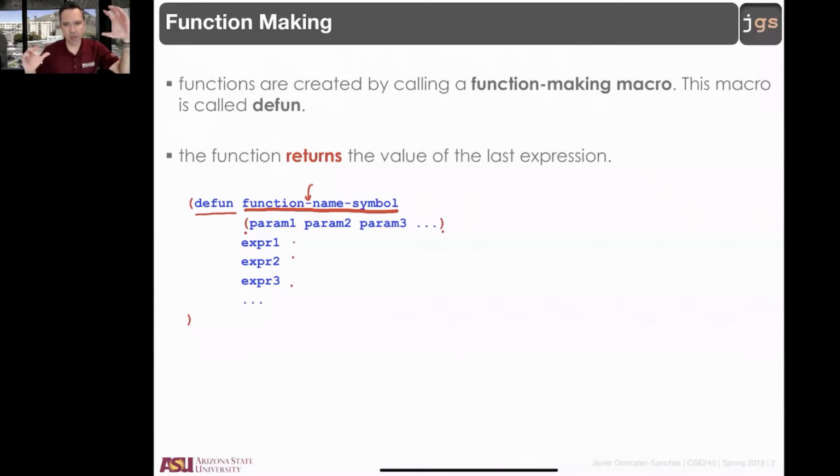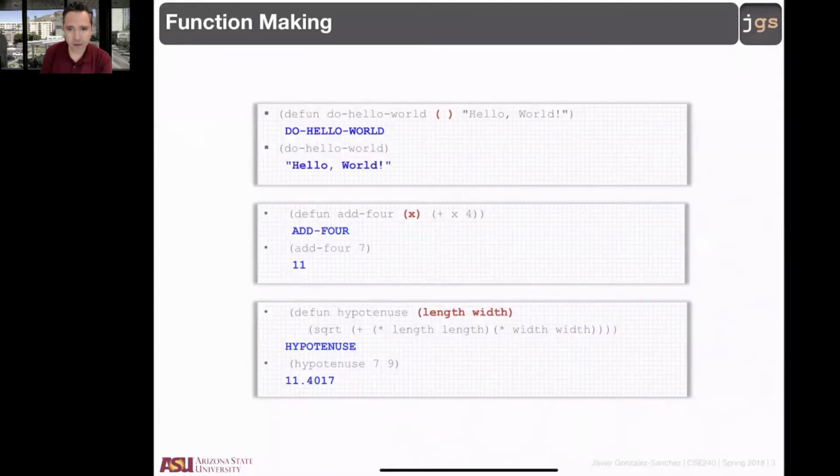Open parentheses, closing parentheses, the name of the function, inside of parentheses, the name of the parameters, and all the instructions. And as you remember, each instruction is going to be something inside of parentheses. So a function in Lisp, the definition of the function is going to look like my following examples. The easy one.